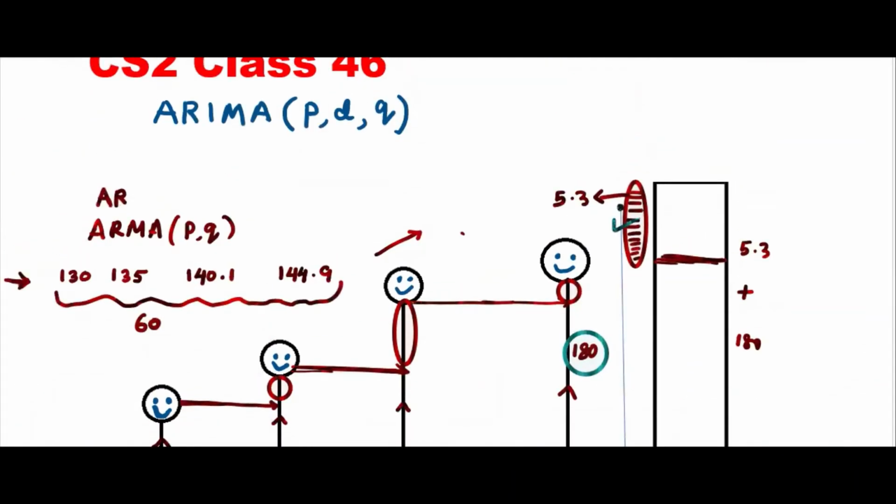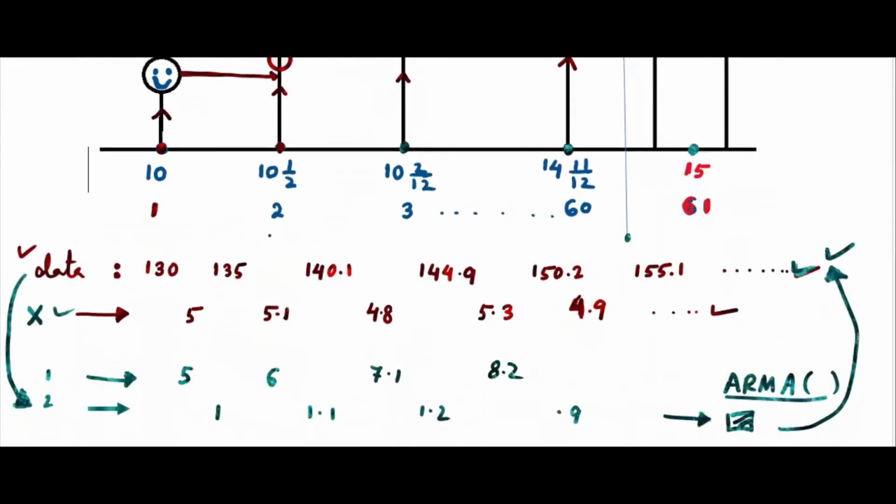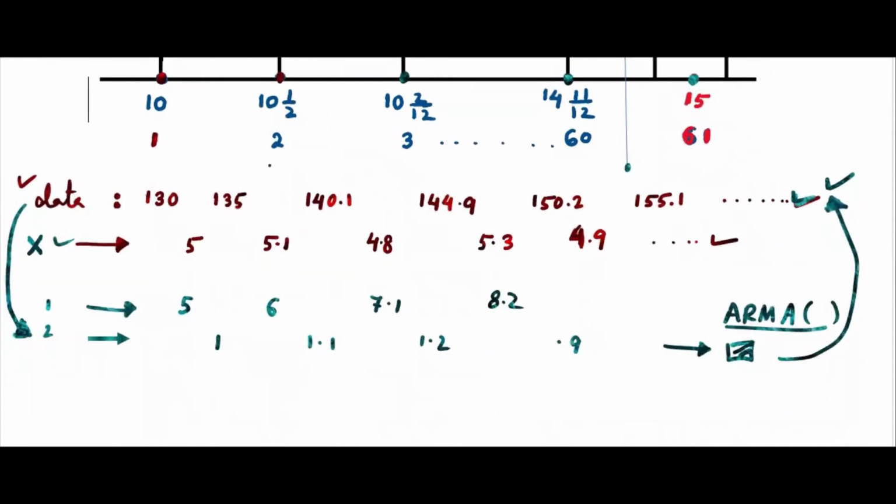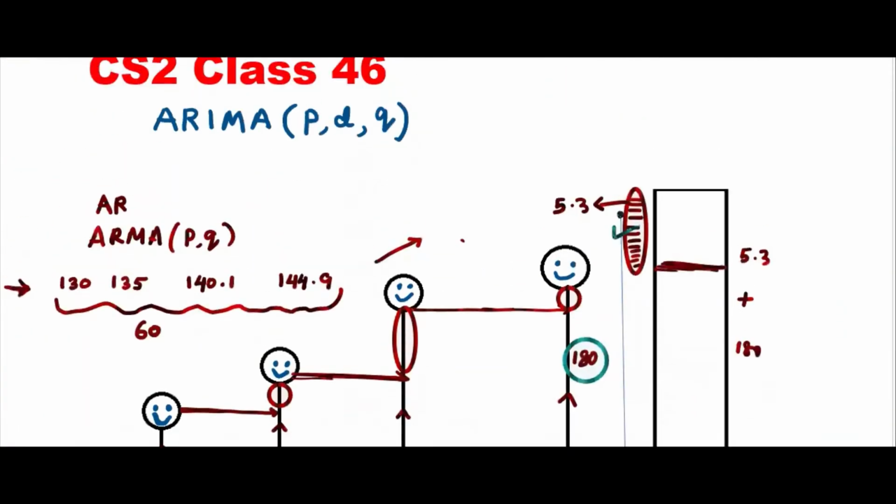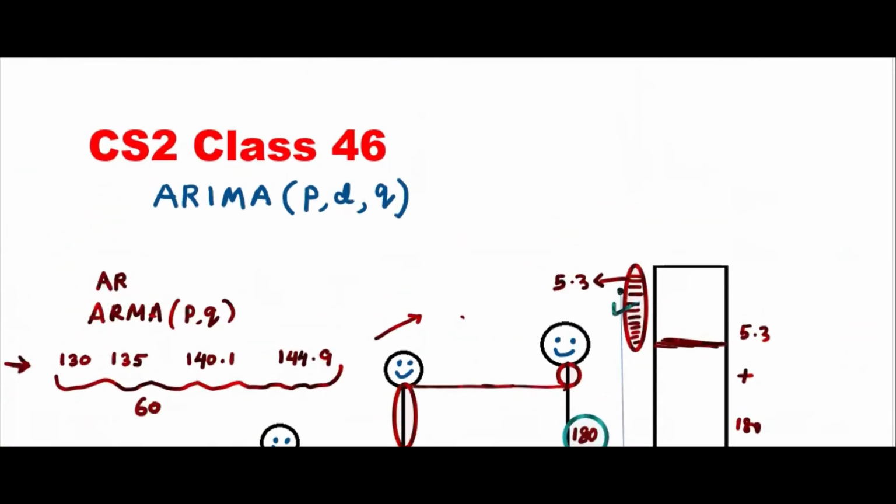Integrated means add-on effect from time to time. Then you need to take out those add-on effects. Okay, you need to difference the time series time and again to make it stationary. Okay, so the original series is ARIMA PDQ. Now let's do one example.